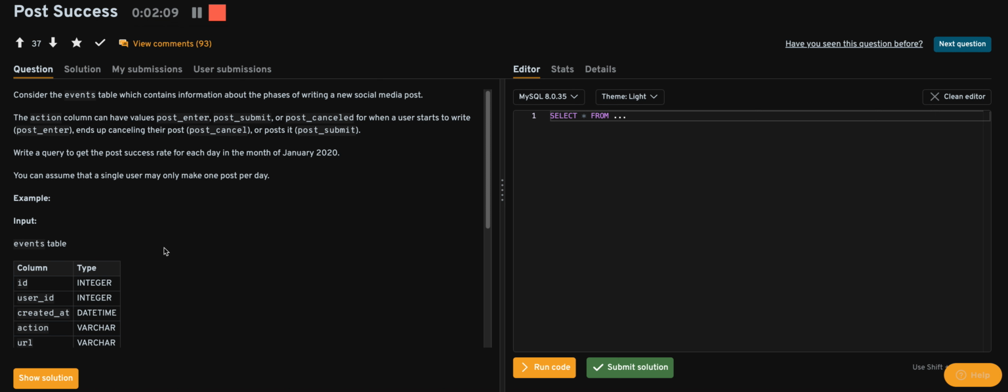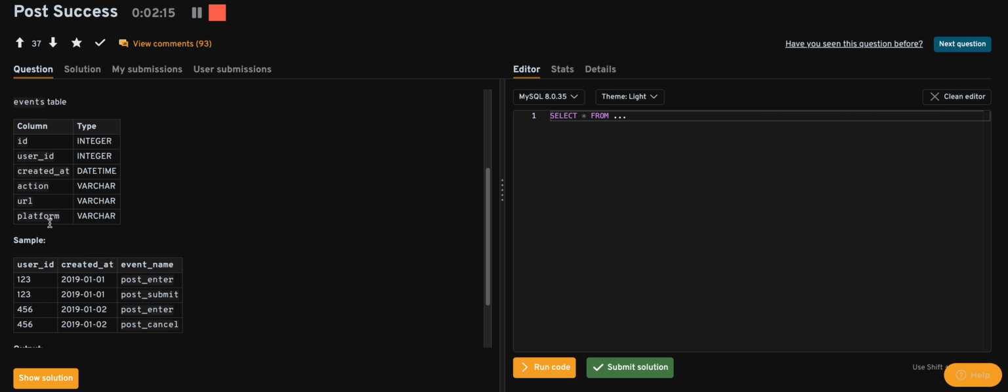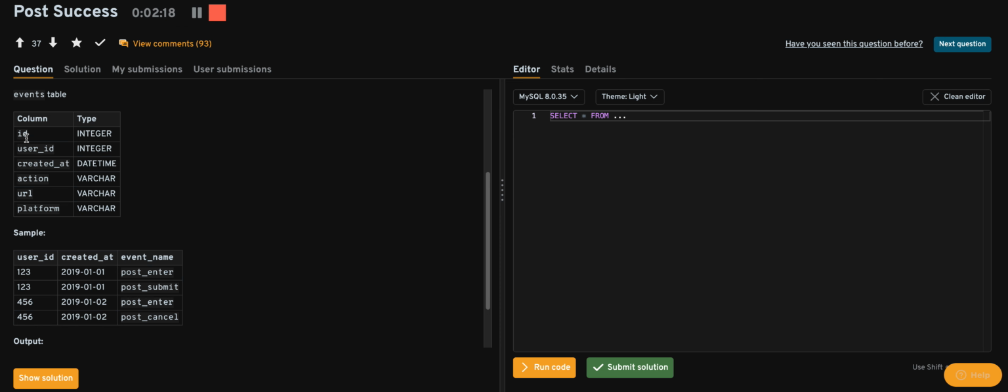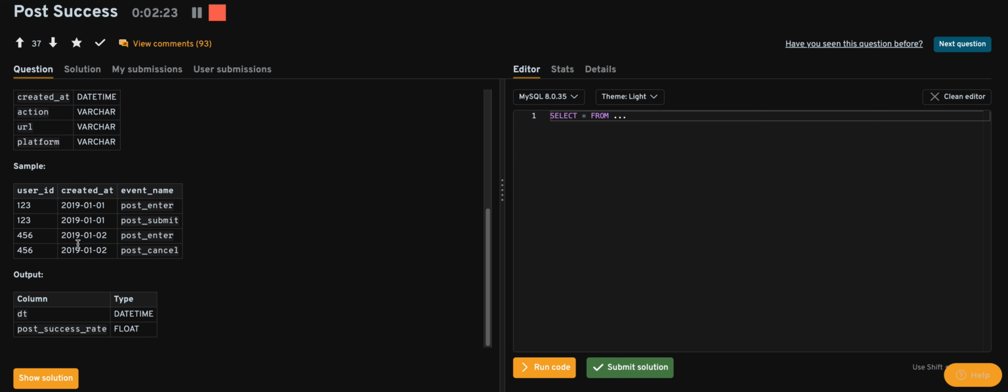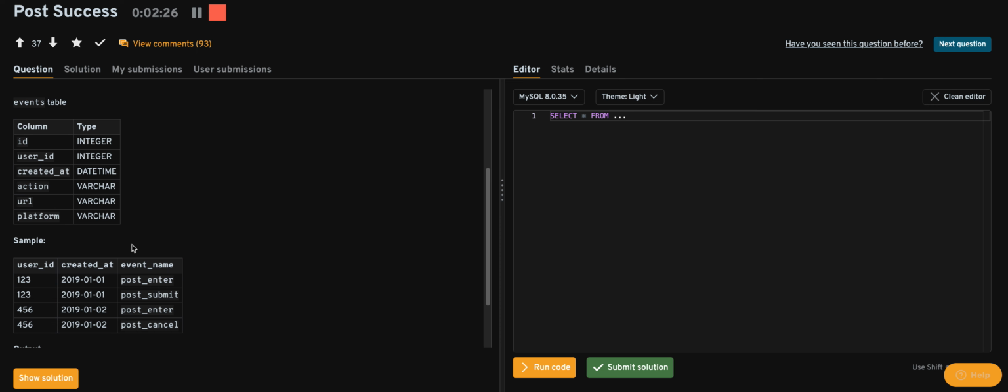We count the number of posts. Presumably the ID here is the post ID, that's the assumption, and I assume we take into account all of the platforms. So for every day we are trying to count the number of post submits and divide it by the number of post enters.